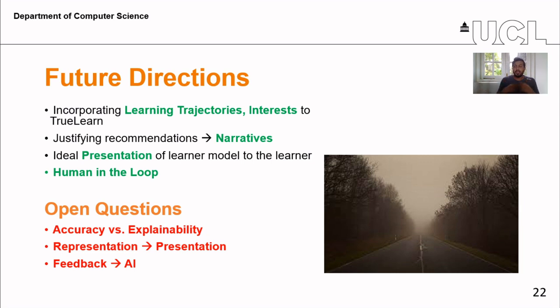Then how do we scope the amount of data that we represent or we present to the learner at one given time? How do we choose what subset of the learner representation we have to present at first, and what type of navigation should we allow them to have within that learner representation to cultivate metacognition processes? So these are some of the interesting things that we want to look at, and ultimately all of these things will lead to having the human more centered in the AI system that we are building.